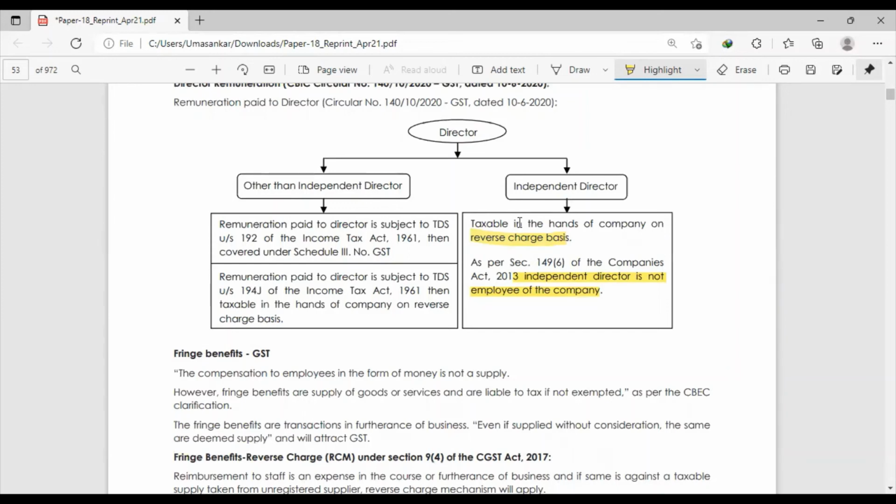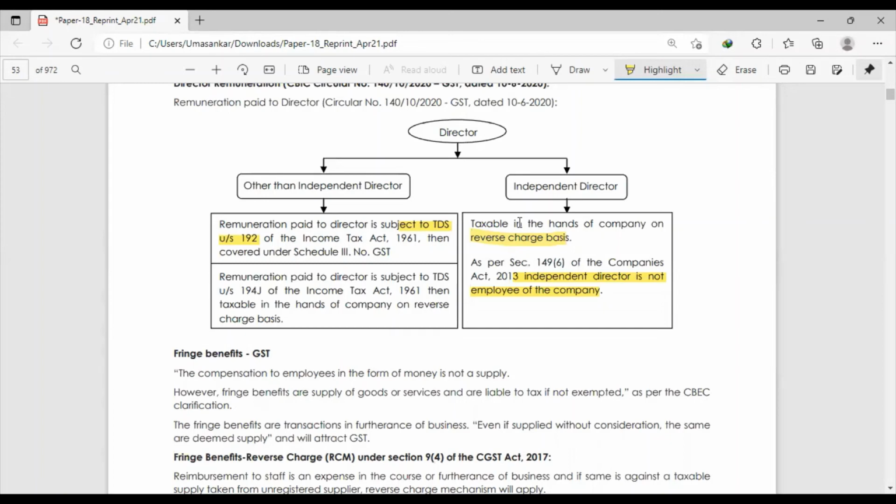Other than independent director, remuneration paid to the director is subject to TDS under section 192. TDS 192 is for salary. So if salary is paid and TDS is deducted under section 192, that means an employer-employee relationship is there.